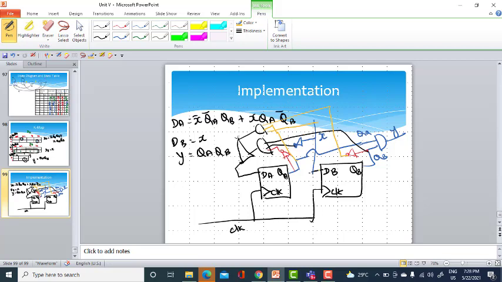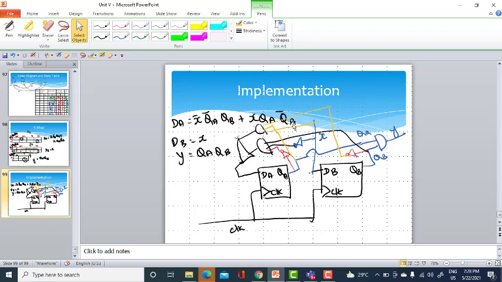And I have implemented it by using two flip-flops. See here, DB is equal to X, I have taken X directly. And X bar into QA bar: from QA I have taken an inverter, so QA bar, into, and the third one is QB. And the other is X into QA into QB bar.